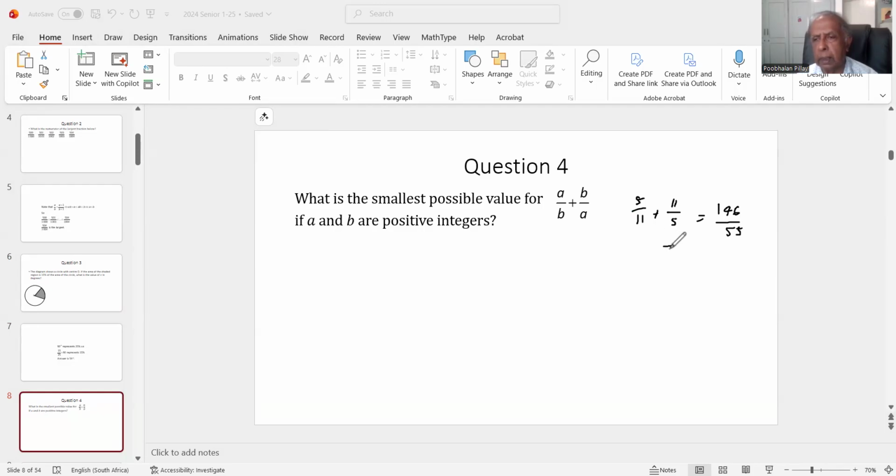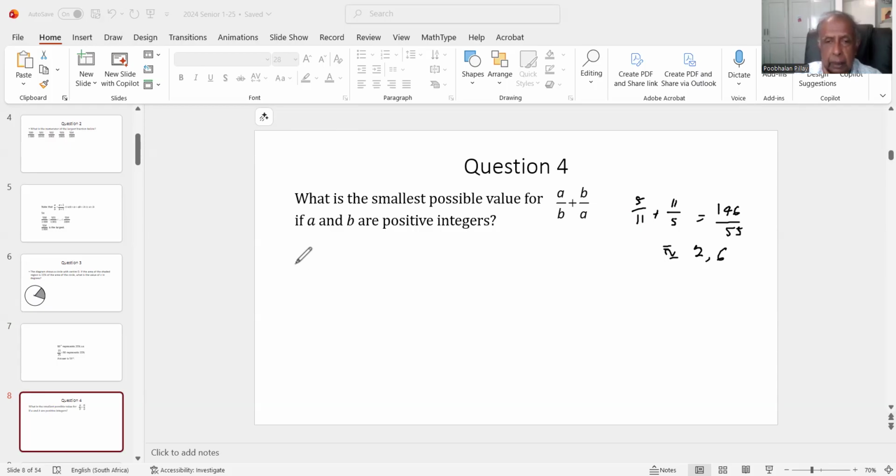And 55 goes into this 2 times, 2 point something, around 2.6. And if you try various other numbers, you will see that in all cases, you'll get a number which is larger than 2. See? So how do you do this now? Because you can substitute any numbers you feel like.